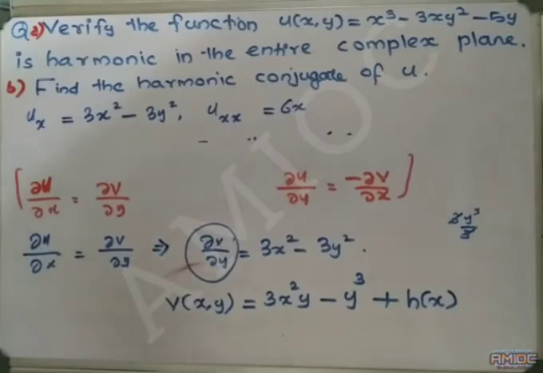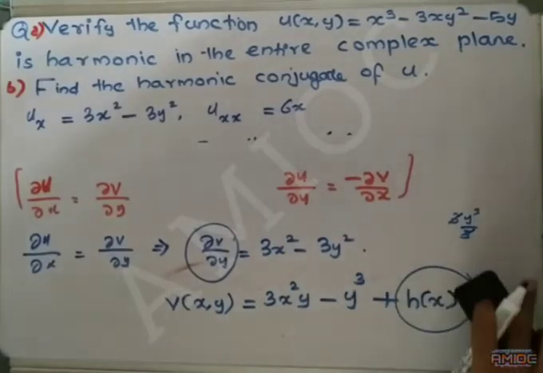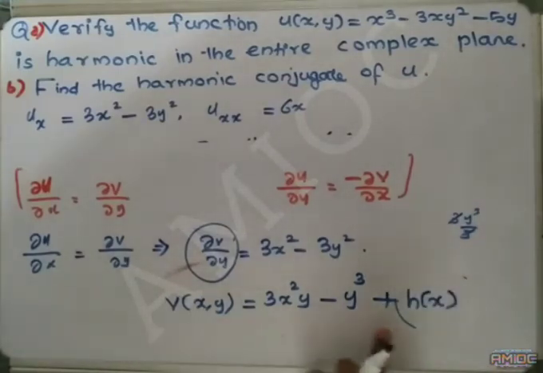We have to find v of x, y. To complete the answer, we have to evaluate the function h of x. To evaluate h of x, we will differentiate v with respect to x.